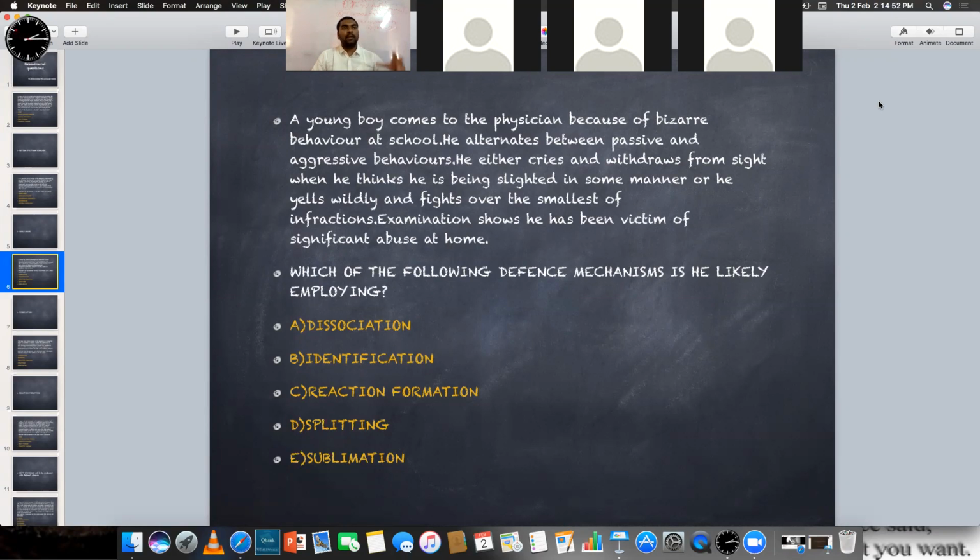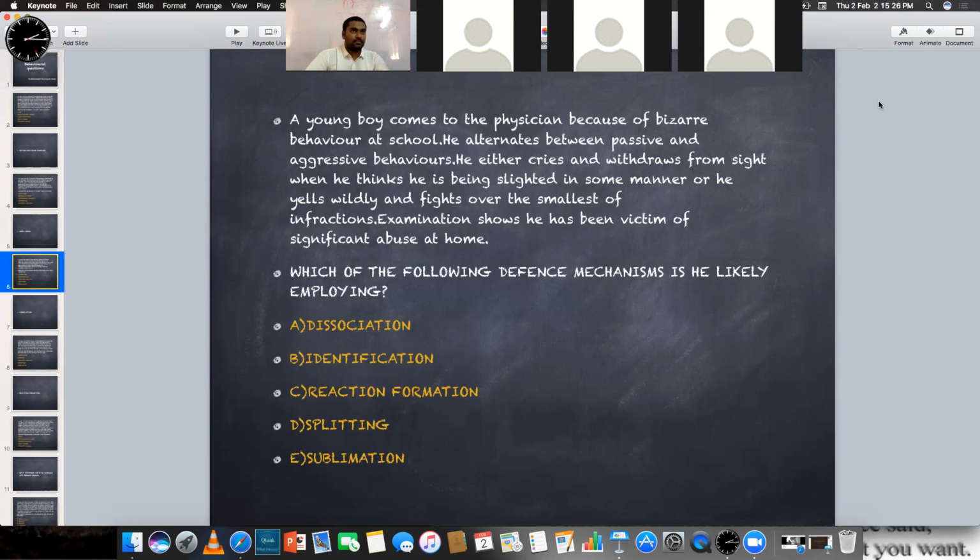If there's a bully who's bullying him, he would either choose to be passive and be bullied, or choose to be aggressive and show all his temperament on him. In splitting, there's this person, and on that person, it's your feelings that you are projecting. Here, the patient is choosing to be either of them.